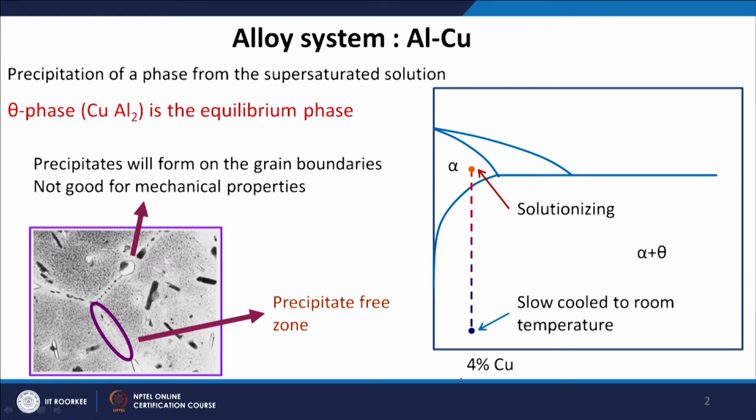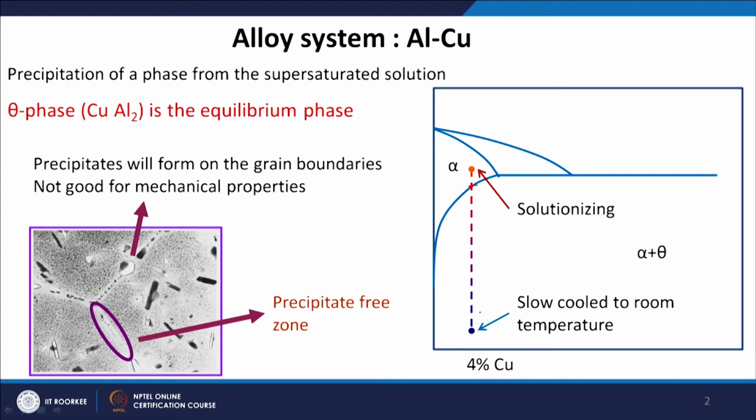Let's say I have developed the aluminum 4% copper, then I will take it to the solutionizing temperature. This is the solvus line, that means if I go above this temperature, then all the copper will go into solution. This is my alpha phase in which all the copper will go.